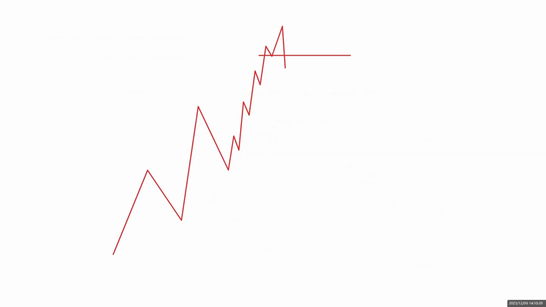The overall fractal from the low to the high here is not broken. The only structure that was broken is the structure from this low here to this high. That is where it was broken here. So it's important that we are able to separate them.